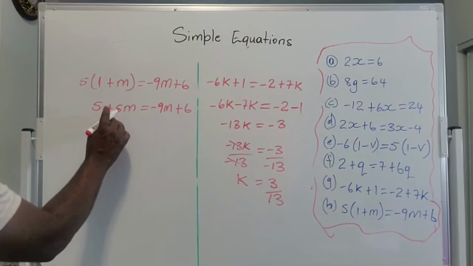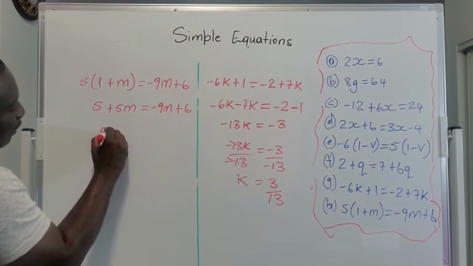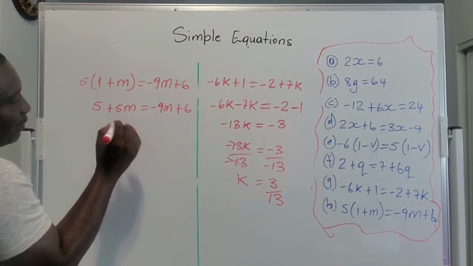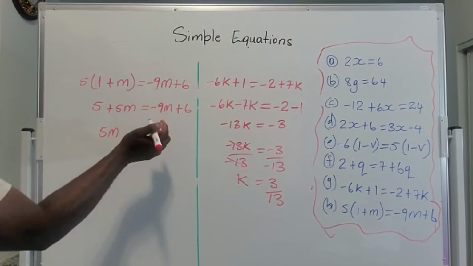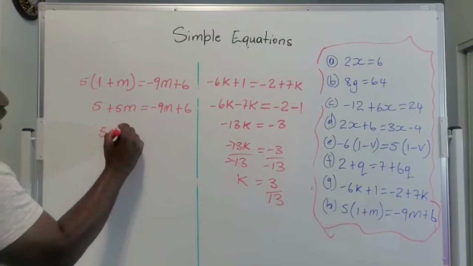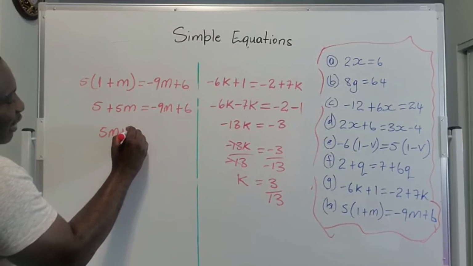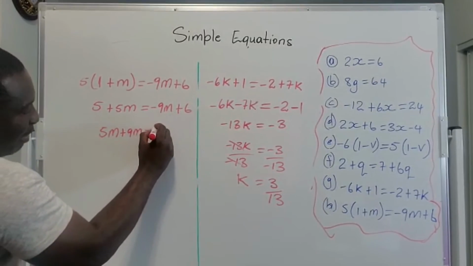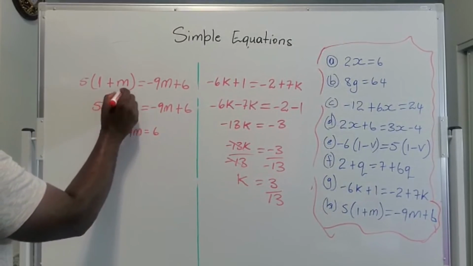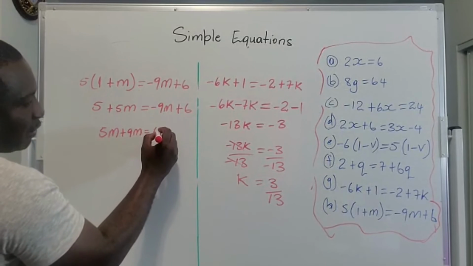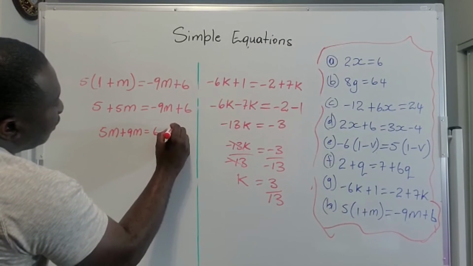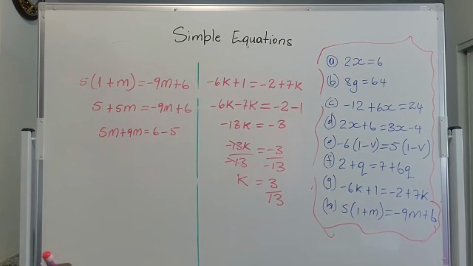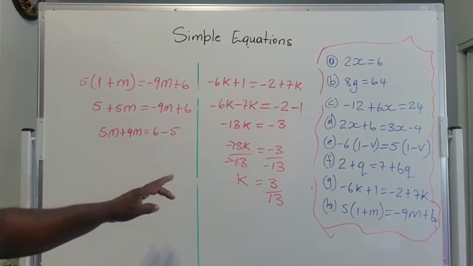So again, retain my 5m, all positive. I could simply, as we said, bring the 9m across the equal sign, making it positive. Maintain my positive 6. Bring my 5 across. It's going to be negative 5. Am I correct? Yes.